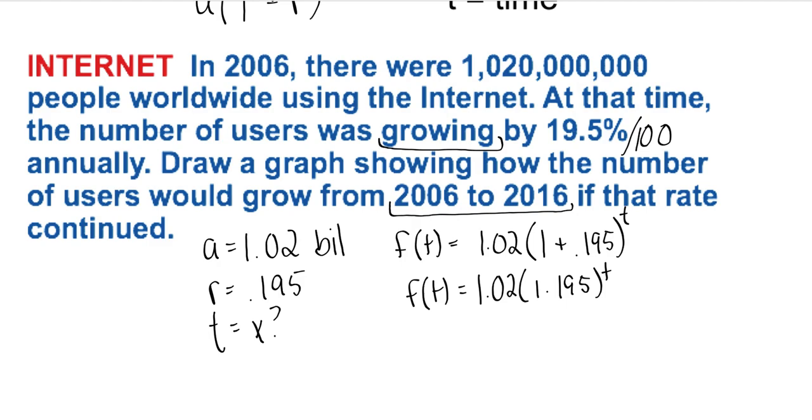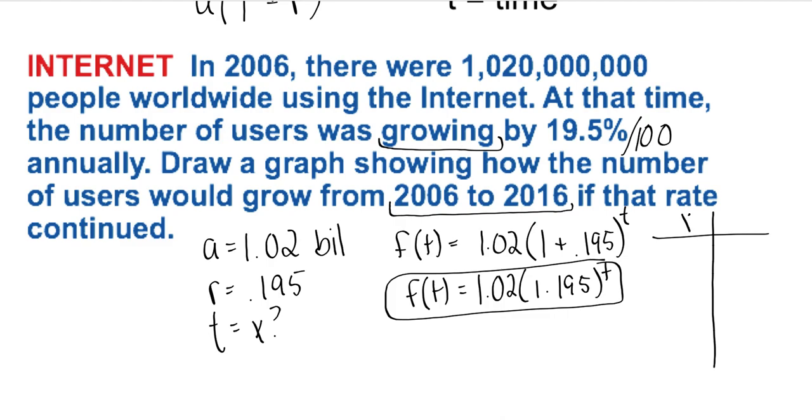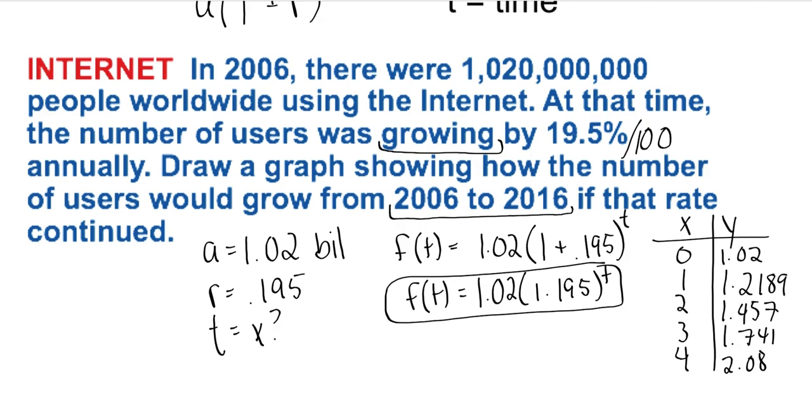Okay? Once you have this, then you're making an XY table, XY chart, and you're just plugging stuff in. This one is a real world scenario, so you don't want to use negatives. So I would just do 0, 1, 2, 3, 4, and 5 if we need it. All right, so there's our table.